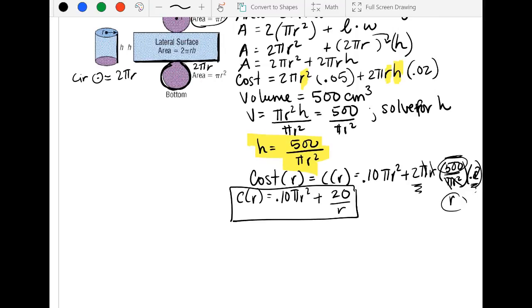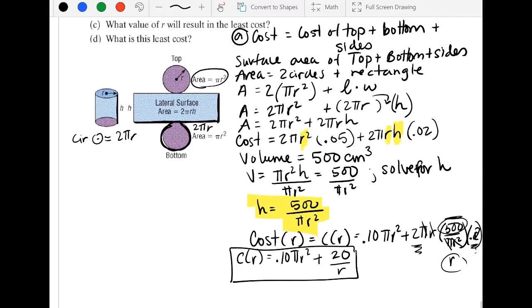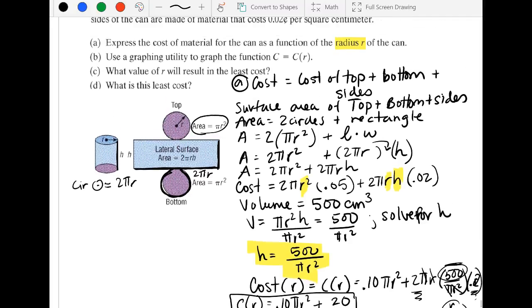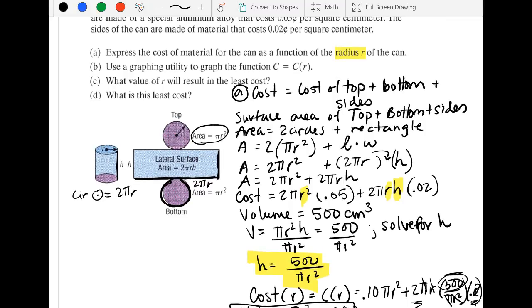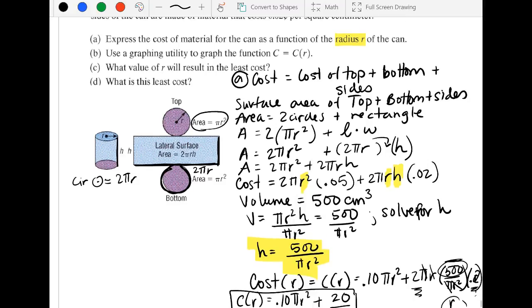Okay, so now that we have A done, let me scoot back down to see what the next letter is. All right, B: use a graphing utility to graph the function C equals C of r. Now this is the part that I'm going to ask you to do on your own.